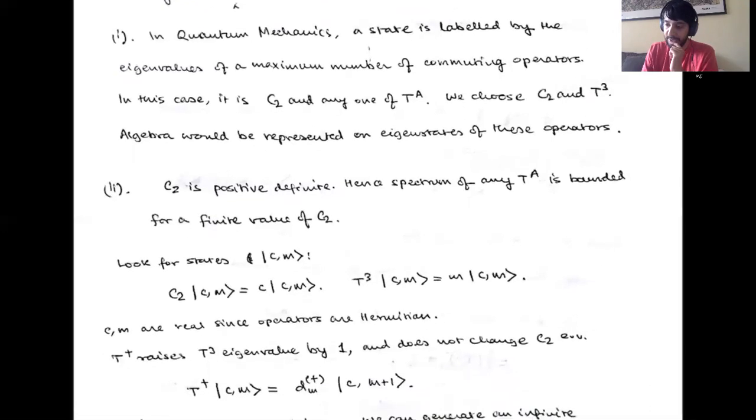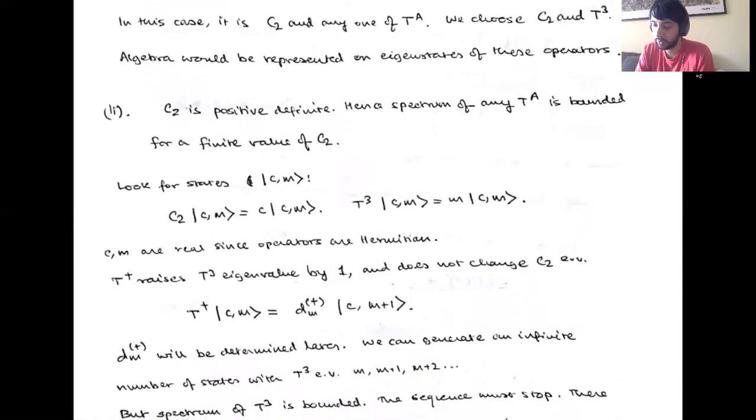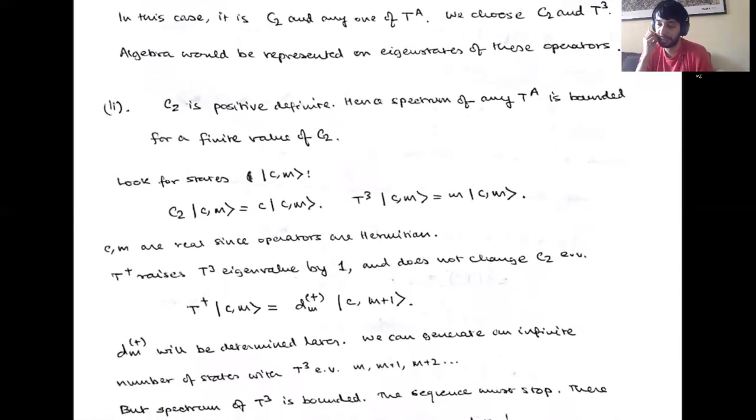The algebra is going to be represented on the eigenstates of these particular operators. Now we see that C2 is T1 squared plus T2 squared plus T3 squared, so it's positive definite. Hence the spectrum of any of these T_A's is going to be bounded for any finite C2. Let's try to see what we mean by this.